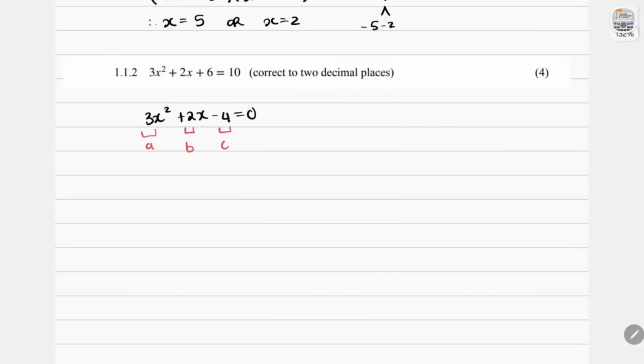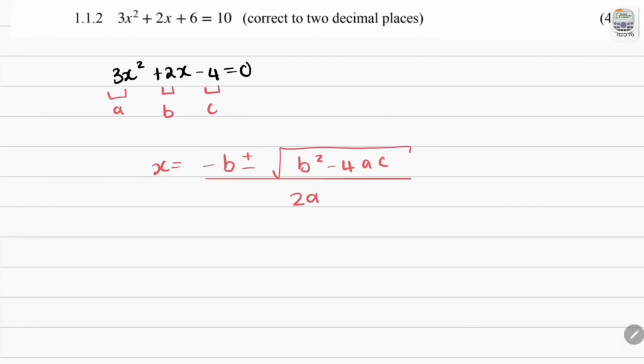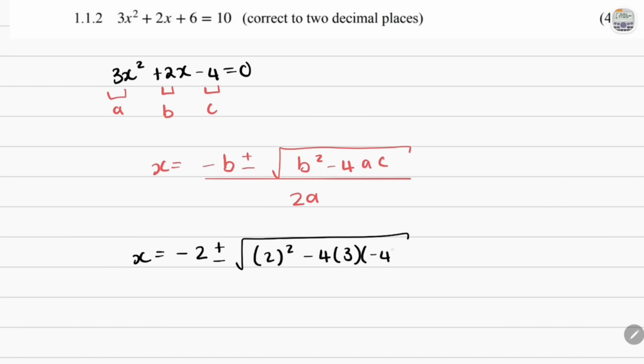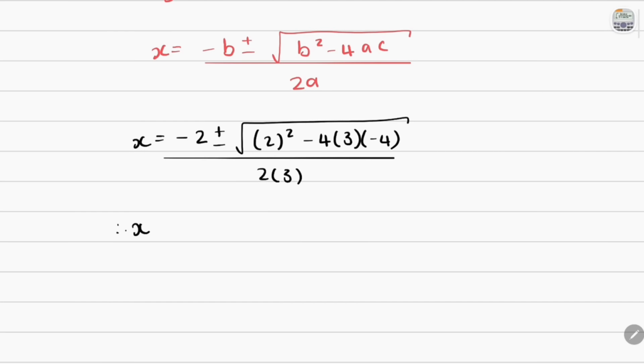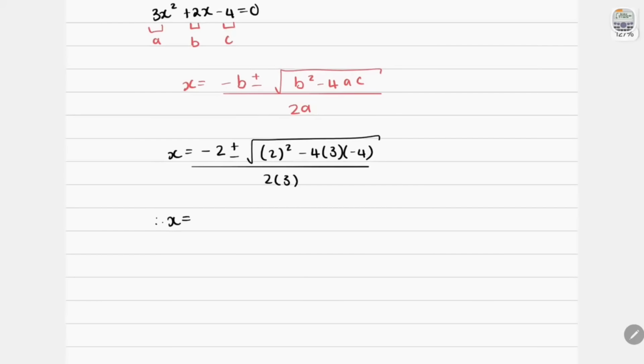Here's our quadratic formula: x is equal to negative b, and b is 2, plus or minus the square root of b squared, which is 2 all squared, minus 4 times a, which is 3, and c, which is -4, all over 2a, and that is 3. Let's put this on the calculator, starting with the plus.